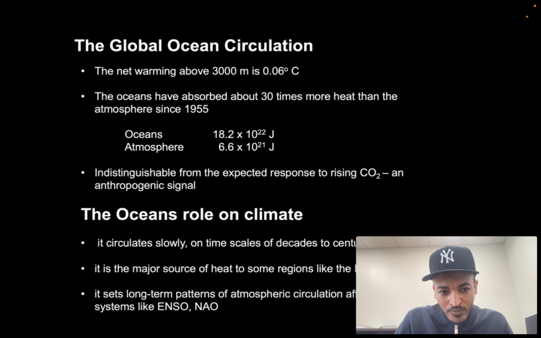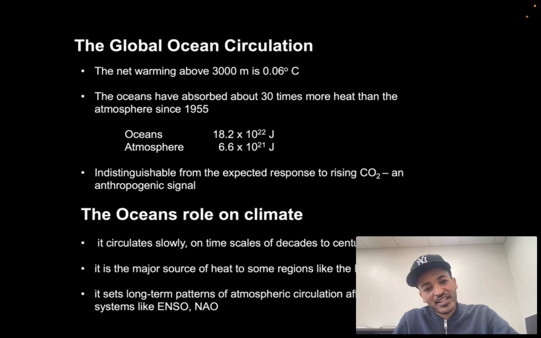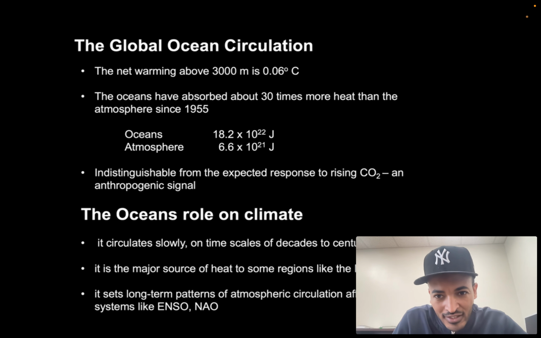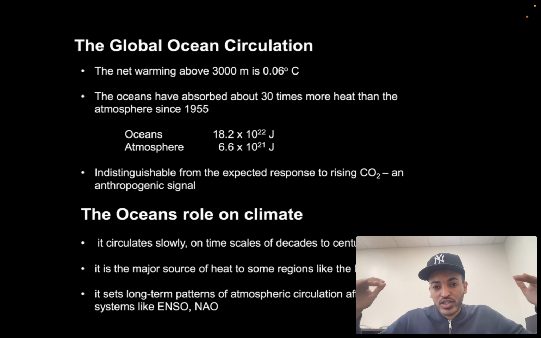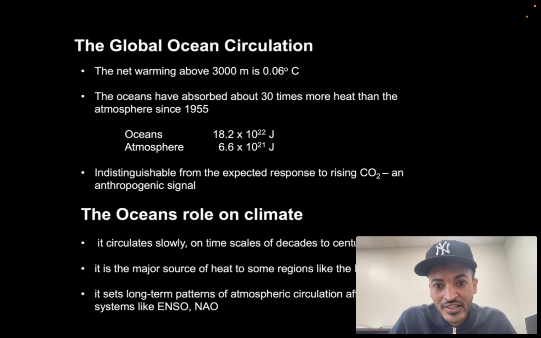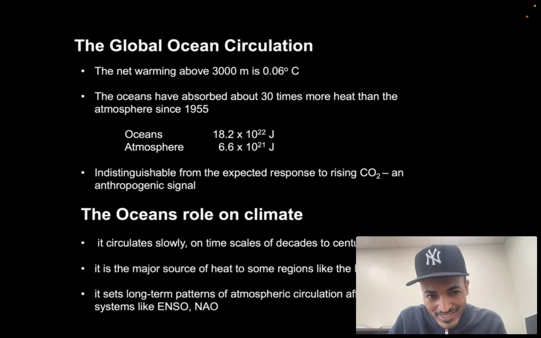And so it's really a very important thing, right? The ocean is a very important thing. In a way, it always regulates the heat transport and tries to maintain that equilibrium state, right?